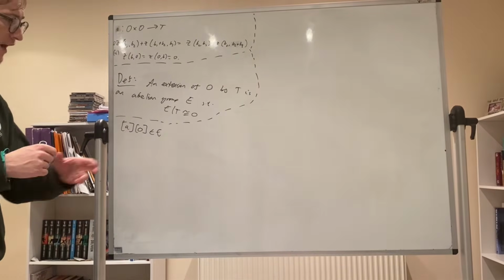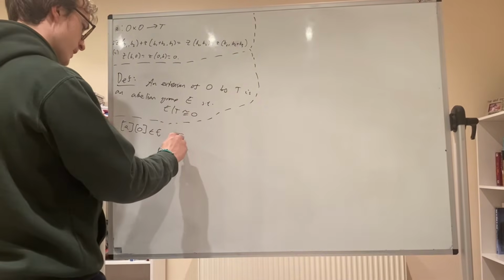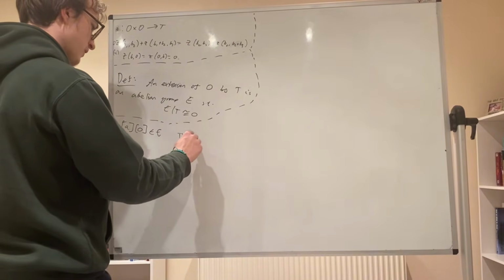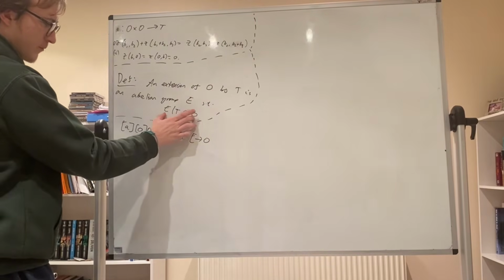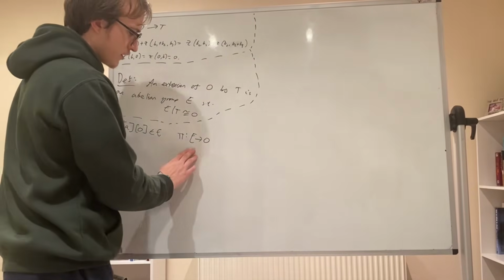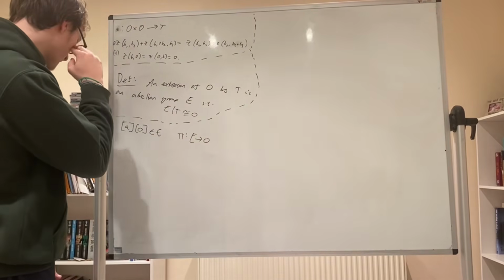Now, how do we make sense of the ones? Well, consider the projection map p from E into O, which sends each element to its equivalence class via this isomorphism here.